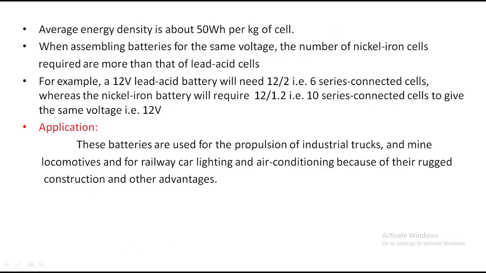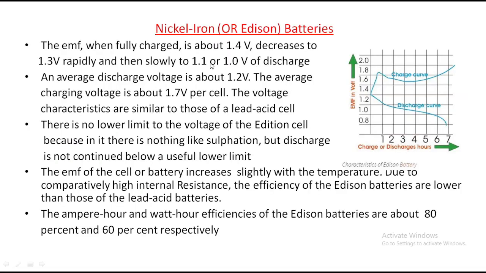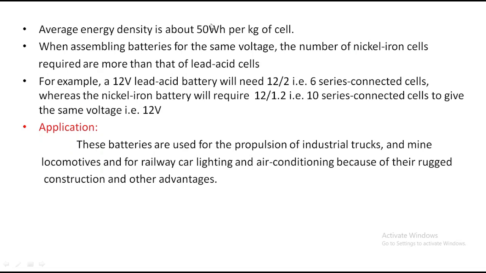Average energy density is about 50 watt hour per kg of cell. So this is also an important thing. These nickel iron or Edison batteries have an energy density of 50 watt hour per kg of cell.